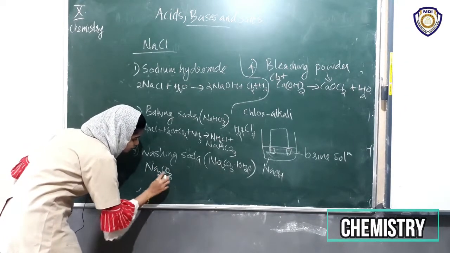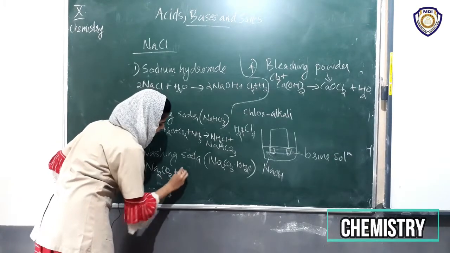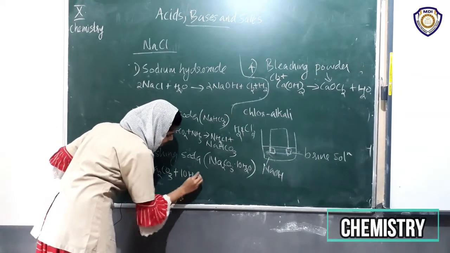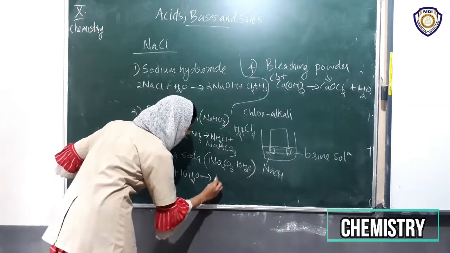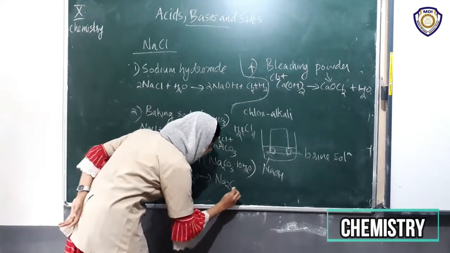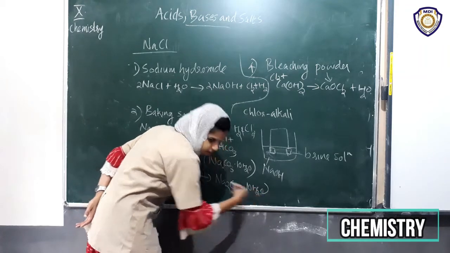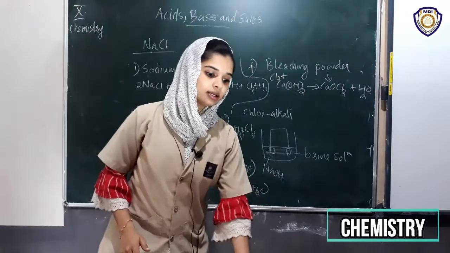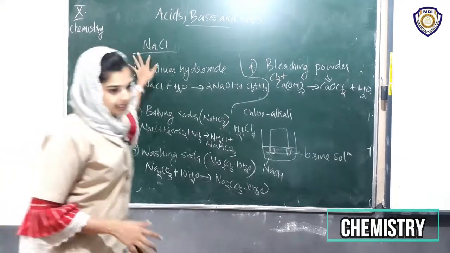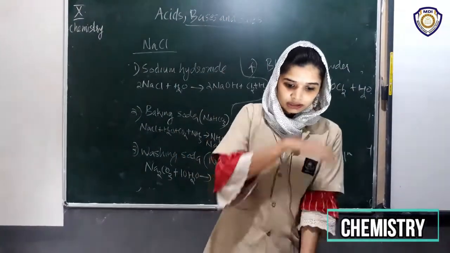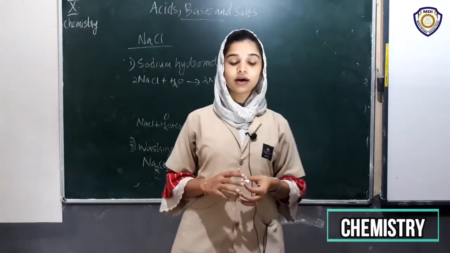Recrystallizing means crystallizing using water. Recrystallizing, we get Na2CO3·10H2O. This is a chemical that is prepared using NaCl.